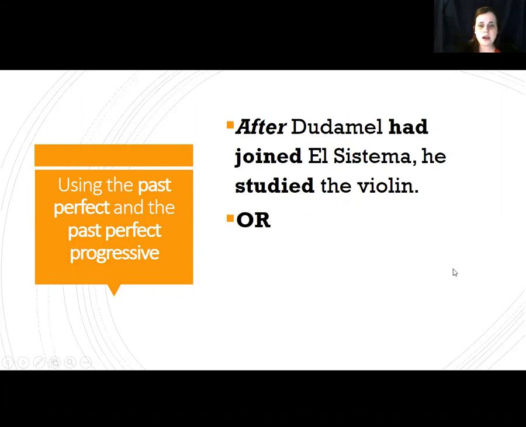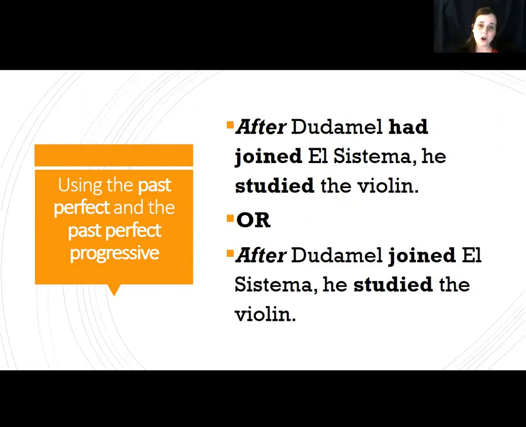But we could also say, and this would also be correct: After Dudamel joined El Sistema, he studied the violin. It means the same thing and still makes sense, but this is the more common one, if the time relationship between the two is clear, when we use expressions like after, before, or as soon as.